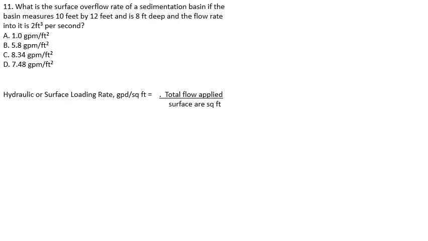Question 11. What is the surface overflow rate of a sedimentation basin if the basin measures 10 feet by 12 feet and is 8 feet deep, and the flow rate into it is 2 cubic feet per second? All right, so same question, we just changed the flow rate into cubic feet per second.